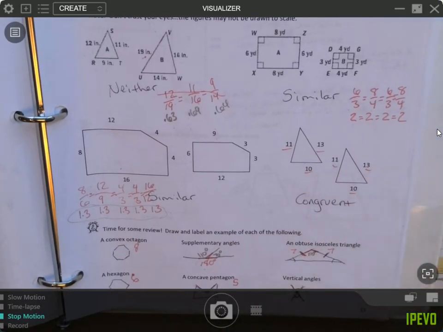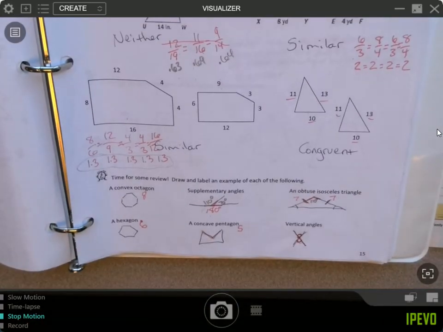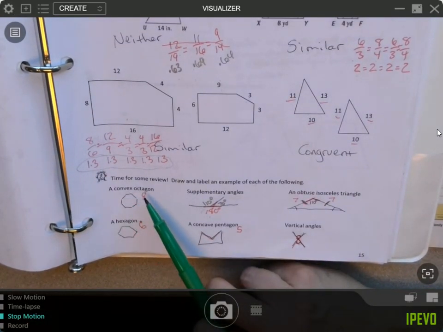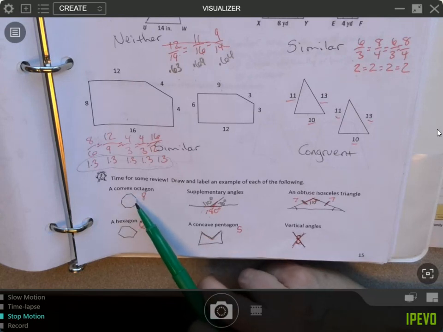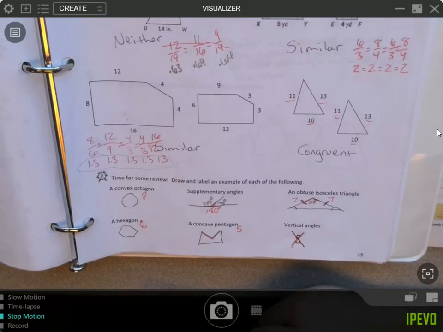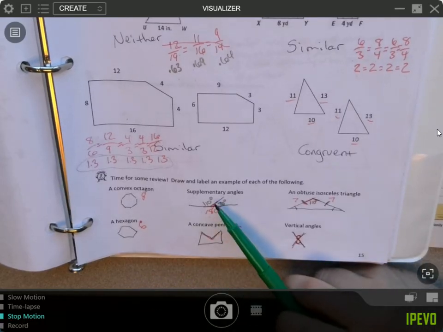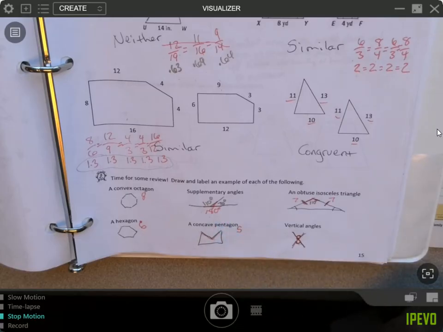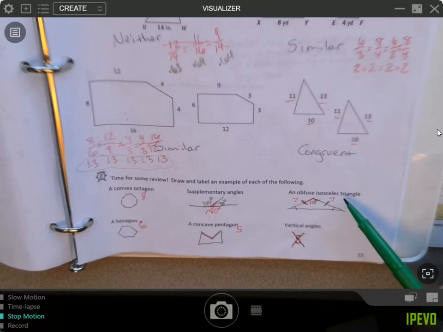All right, on the bottom for our review, we have to draw a convex octagon. So you needed 8 sides, and none of them could be caved in. Over here, supplementary angles, your two angles needed to equal 180 degrees. Obtuse isosceles triangle.